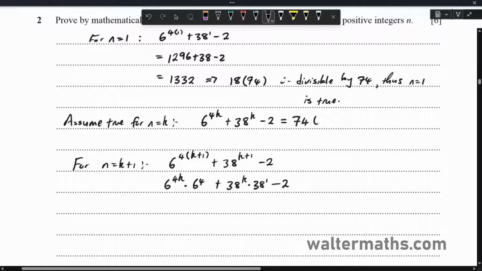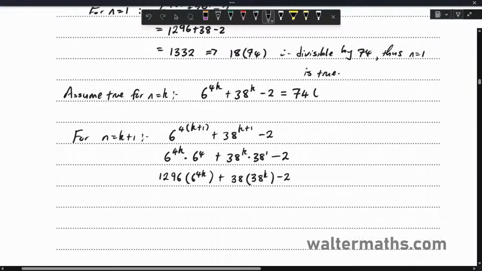Now 6 to the power 4 is 1296. So we have 1296 of 6 to the 4k plus 38 of 38 to the k minus 2.